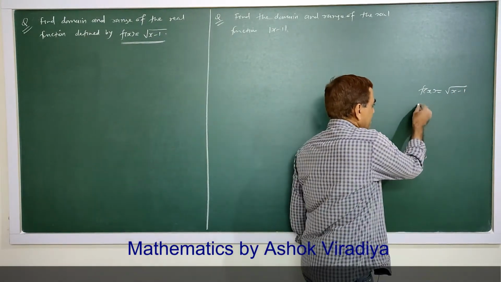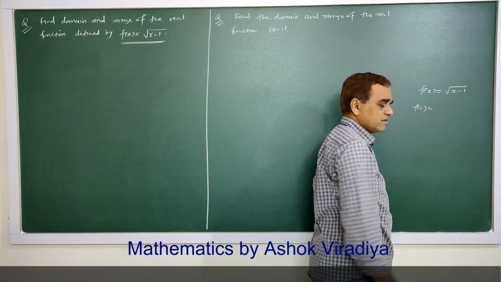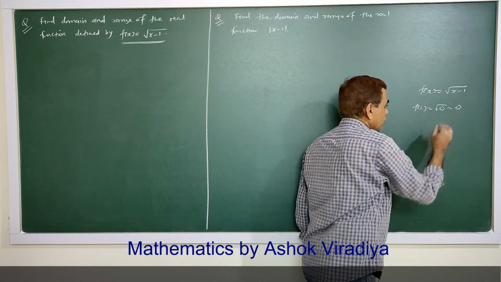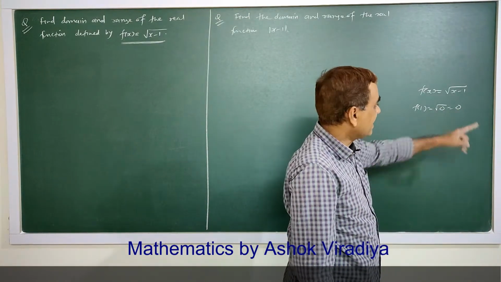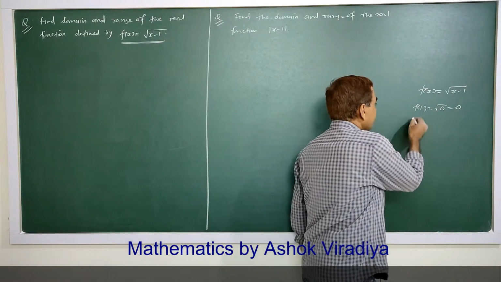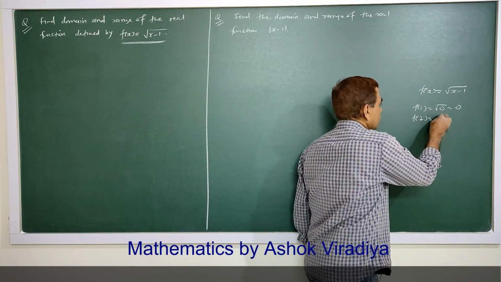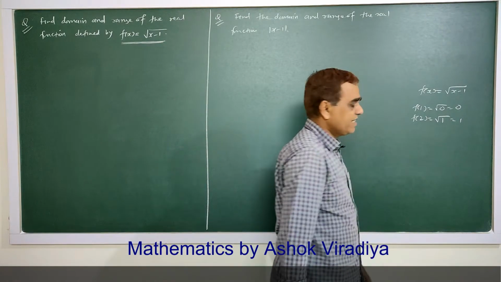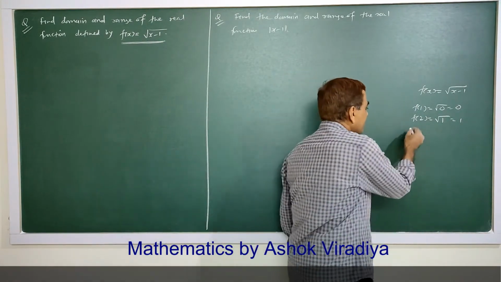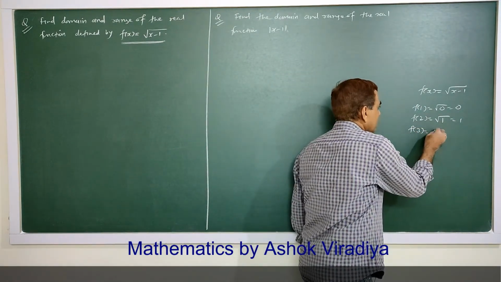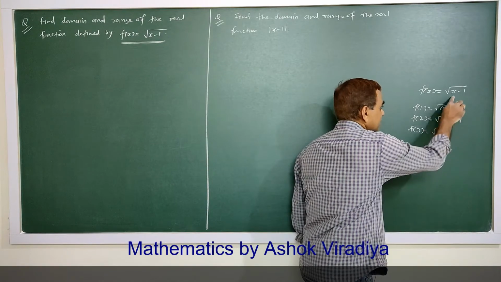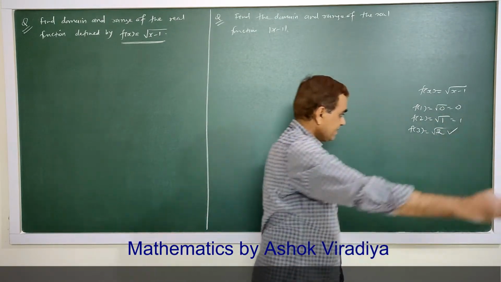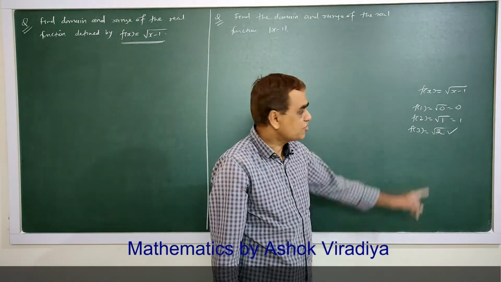In this function, if I keep 1, then f(1) is root 0, that is 0. So it is defined. If I put 2, then square root of 2 minus 1 is 1, so it is defined. If I put 3, square root of 3 minus 1 is square root of 2, which is also defined, an irrational number.